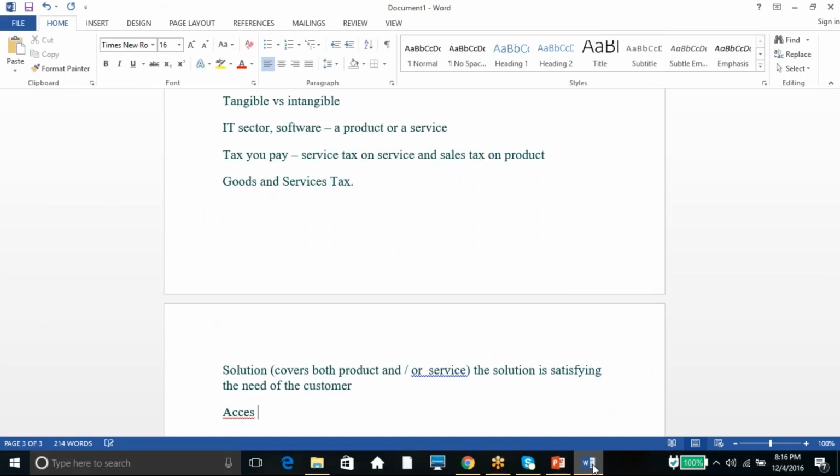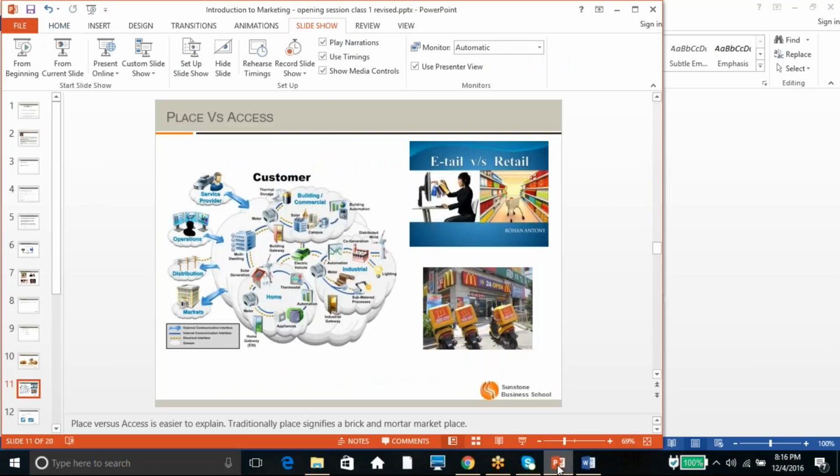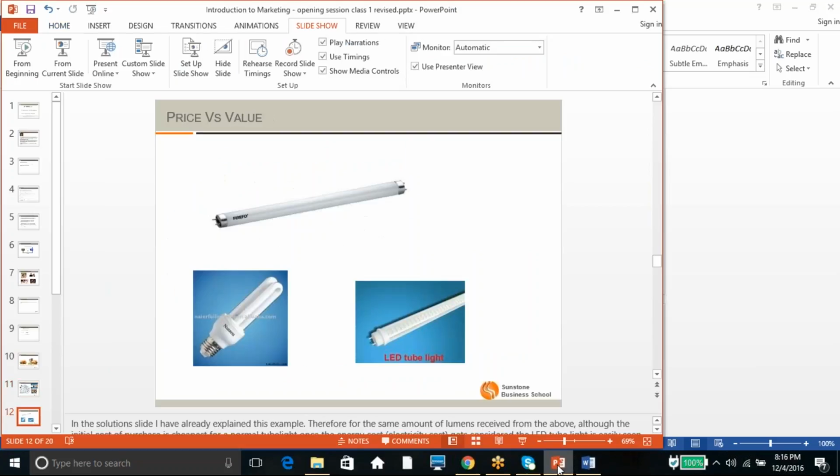So access to the net for virtual, or to the physical marketplace in terms of timing, shop, whatever you call it. So the word access covers both. So instead of place, we can call it access. Value is something I'll take at the end.